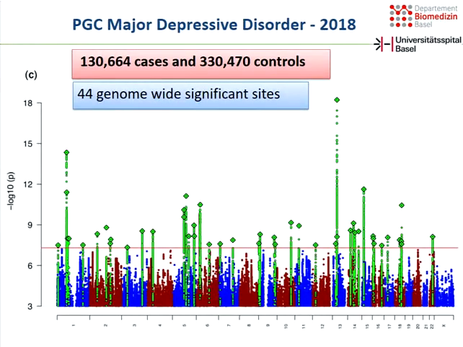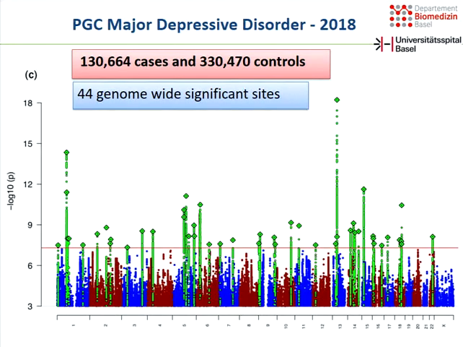And an even more difficult example is major depressive disorder. And for a long time, there were no significant hits at all. And the sample sizes had to be increased a lot to have the first findings now. And you see, this is a sample size of 130,000 cases and 330,000 controls.